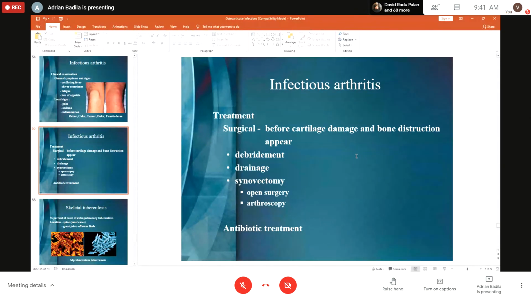So in an infectious arthritis, you must remove the synovium. And in time, of course, the joint will produce another synovium. Antibiotic treatment is a long antibiotherapy, at least two weeks, in some cases 4 or even 6 weeks.